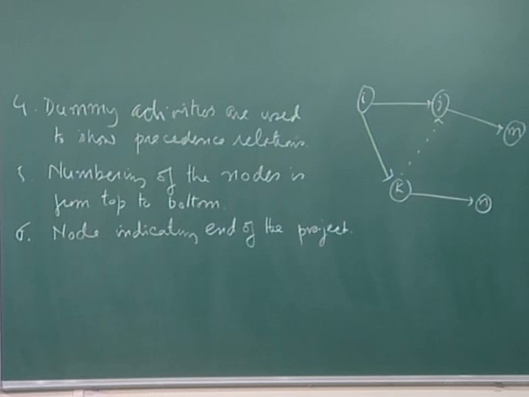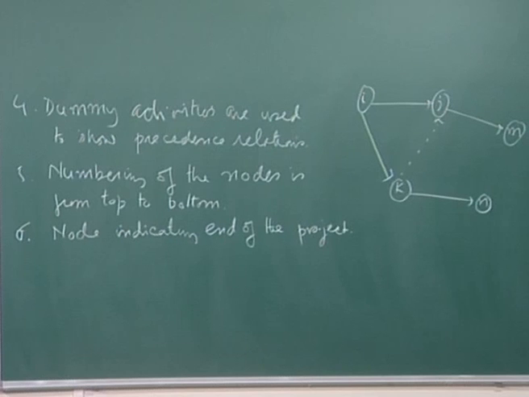Now the network shows that for activity jm, activities ij and ik both are immediate predecessors. In the beginning when you are drawing the network, you can use the dummy activities freely, and then you can revise the whole thing and see if you can omit some of the dummy activities.